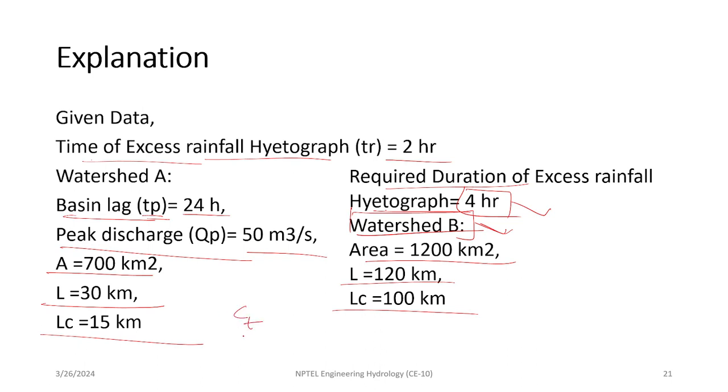One coefficient will be CT, and one coefficient will represent the peak value. One parameter will be related to time, and the other will represent discharge. These 2 coefficients will be utilized for watershed B, and we can directly get the unknown parameters. Got it?